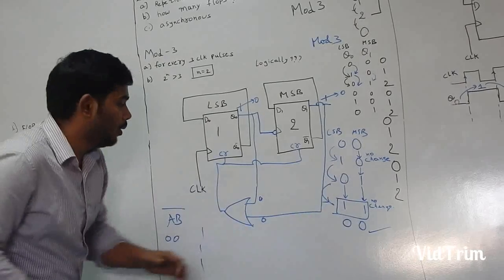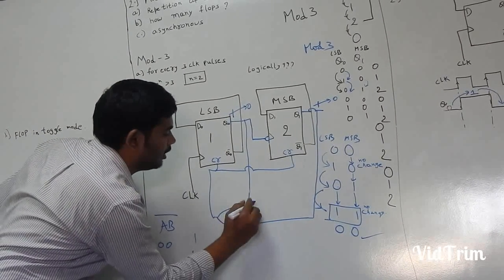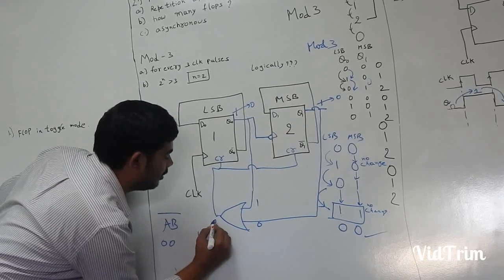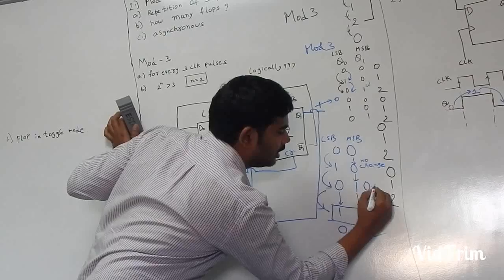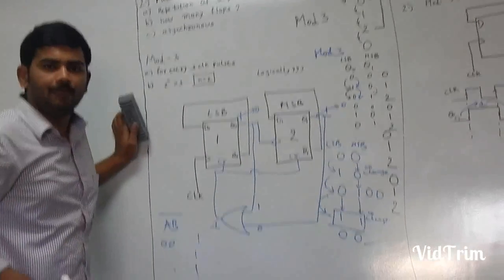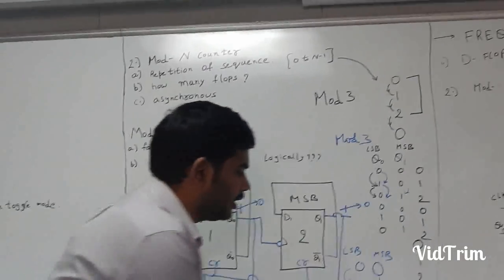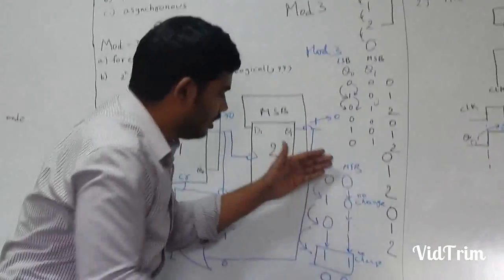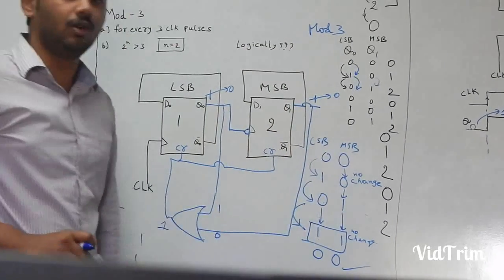For 0 1, when MSB is 0 and LSB is 1, it will become 1 and be cleared again. After this state, we will get 0 0 again. Is that our requirement? No, that is not our requirement. Obviously our requirement is that after the counter counts 0 1 2, it should reach 0 again.